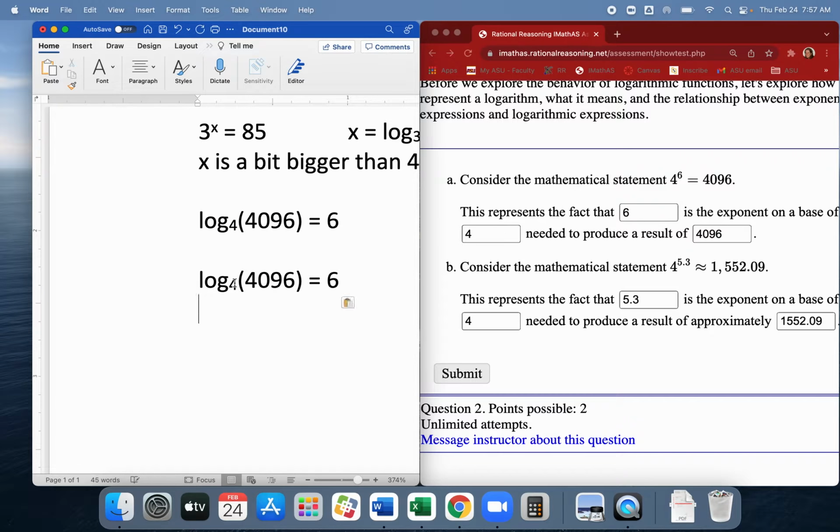the next line from this, I can turn a 4 into a 1552.09. Oops. Using the exponent 5.3. So you can see that just a very slightly smaller exponent gave us quite a bit smaller number.